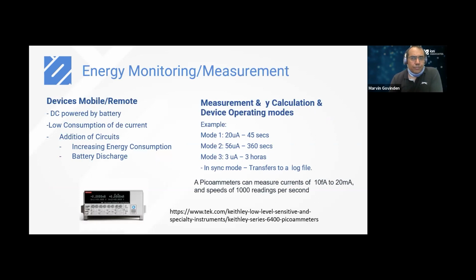And also, we have to consider sometimes, if we're going to monitor a device, we can add in circuitry, like current sensors, or an IC that measures the energy being consumed. But then, is it overkill? Should we be measuring it? Because if it's a battery powered application, we're going to run down that battery quicker because we have more circuitry.